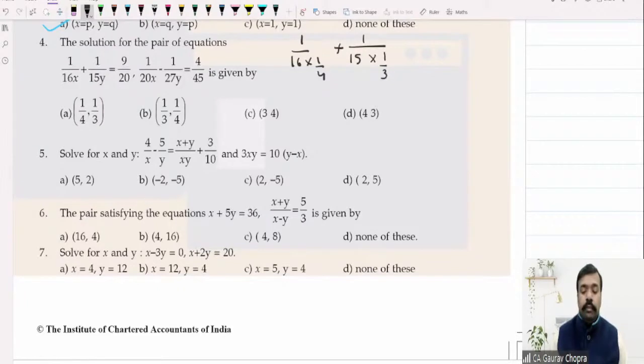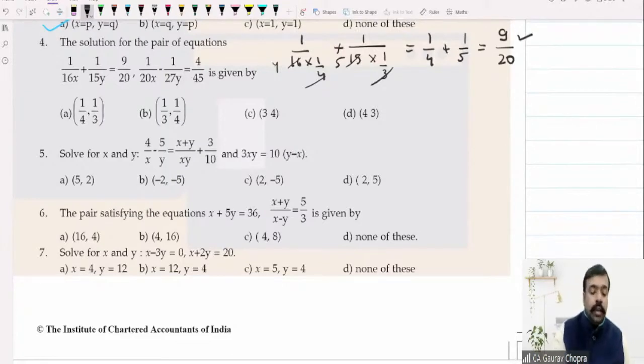Now, if we solve them and cancel, it becomes 1 by 4 plus 1 by 5. If we take the LCM, we get 20 as the LCM and 5 plus 4, that is 9, in the numerator. That means with the help of option number A, equation 1 is getting satisfied.